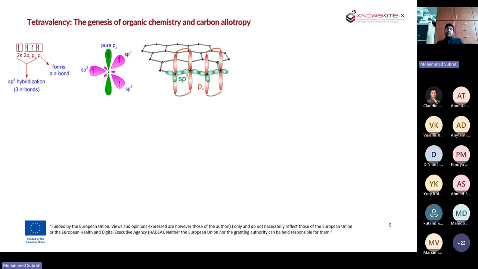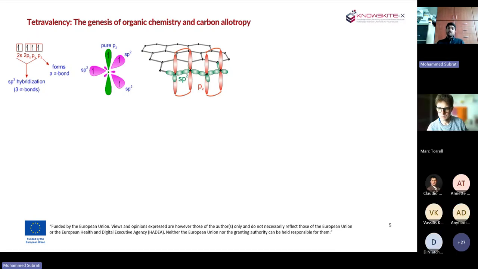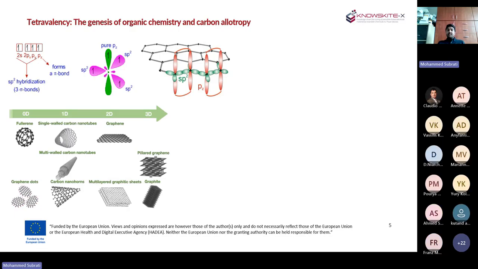And of course, in the energetically favorable hexagonal lattice, which can extend laterally infinitely, up to 2 microns, you create the family of the 0-dimensional, 1-dimensional, 2-dimensional, and of course 3-dimensional carbon materials that are mostly sp2 hybridized in their pristine forms.